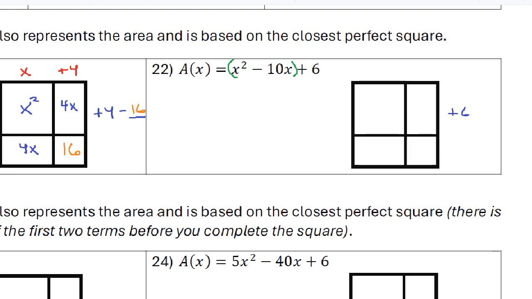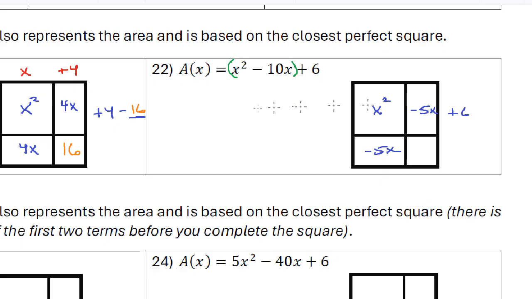Inside of our diagram, we've got x squared. Negative 10x divided by 2 is negative 5x and negative 5x. Class, again, notice I haven't changed anything. These four numbers are this exact same equation. There's my x squared, negative 5x plus negative 5x is negative 10x, and there's our 6.